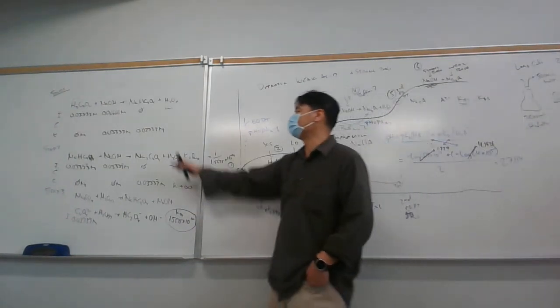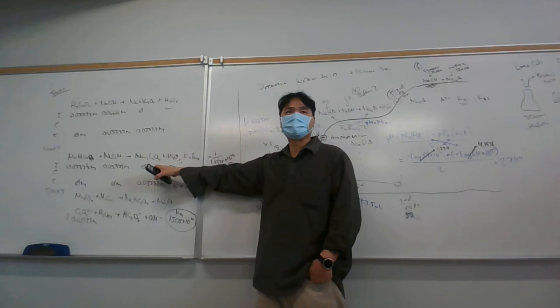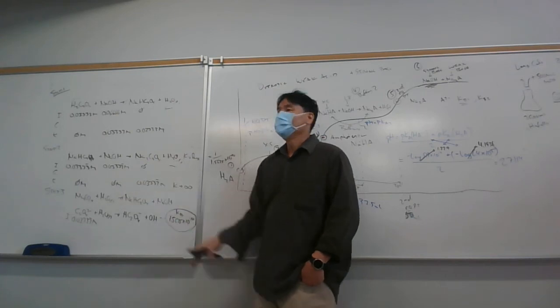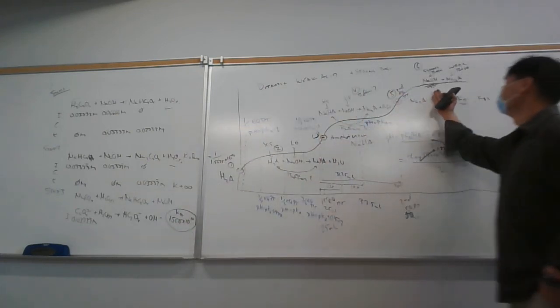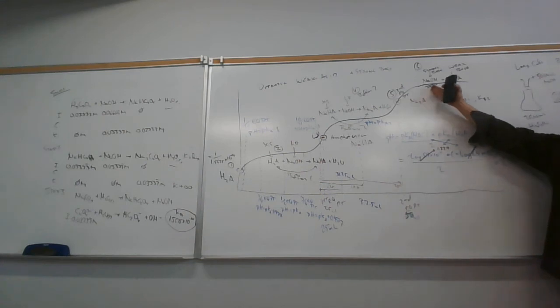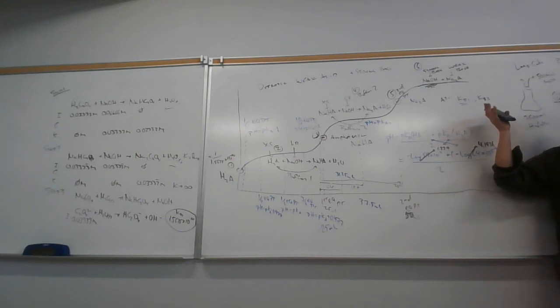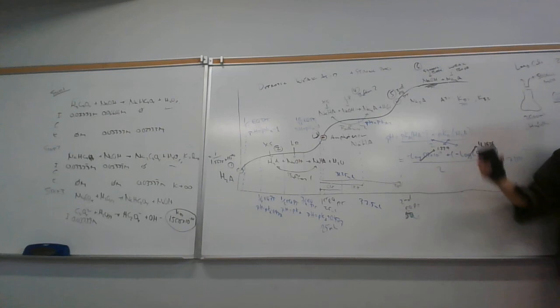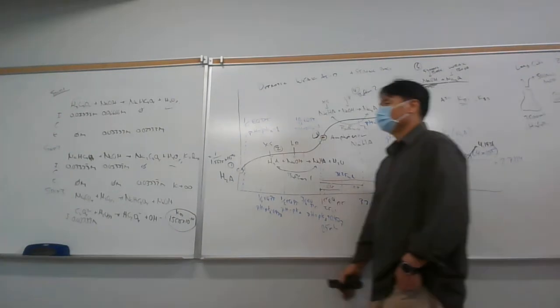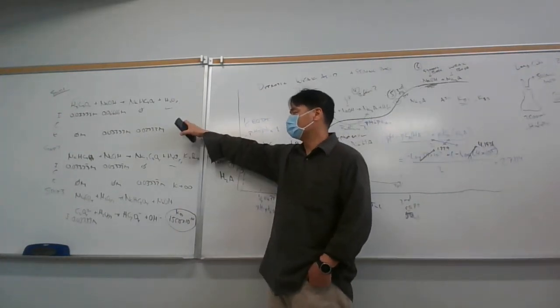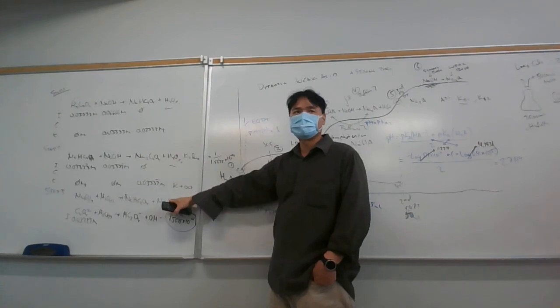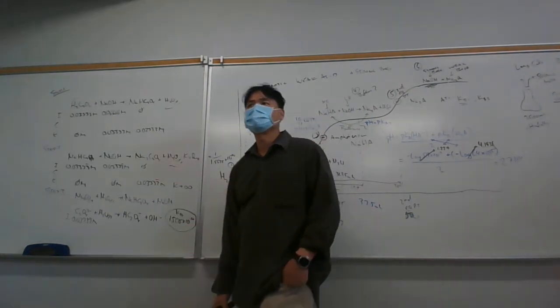The long method, we just keep doing the same. Strong reacts to completion. When you get to the final point here, the strongest base present would be sodium hydroxide. The strongest acid present would be water. So sodium hydroxide and water just is hydroxide. And that would be the pOH. And then we get the pH. And so on. So anyway, the long method, we always do it the same. Strong reacts to completion, and then let it equilibrate at the end.